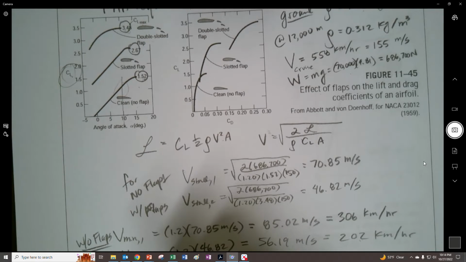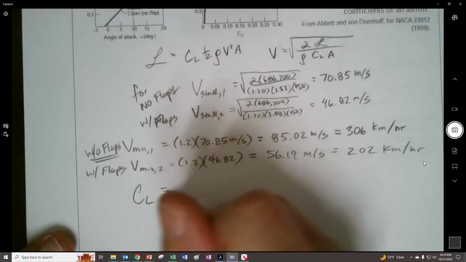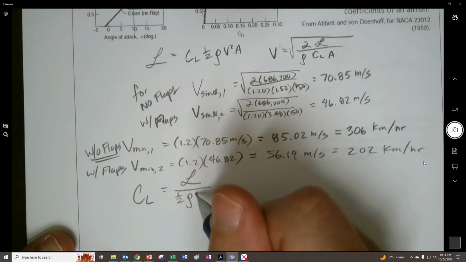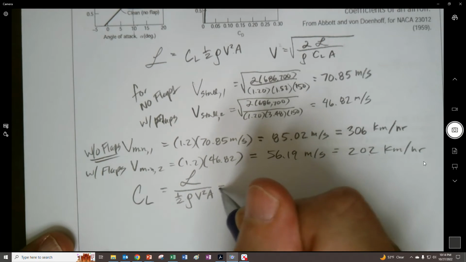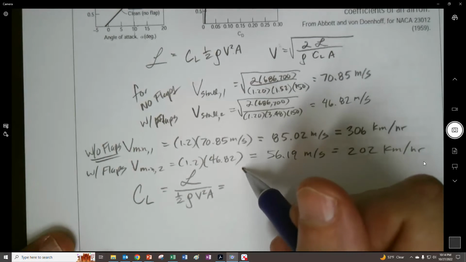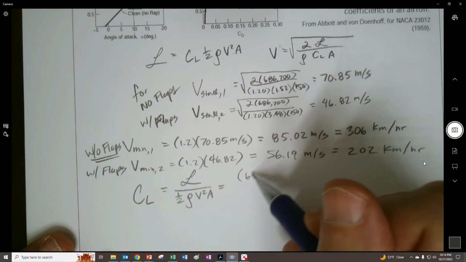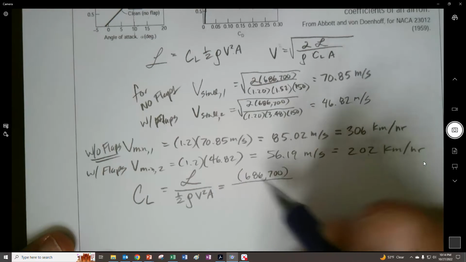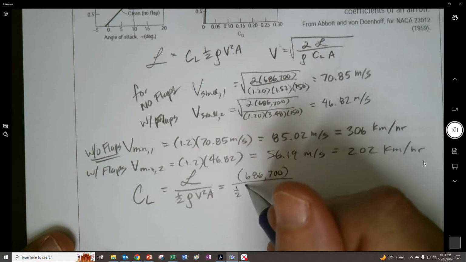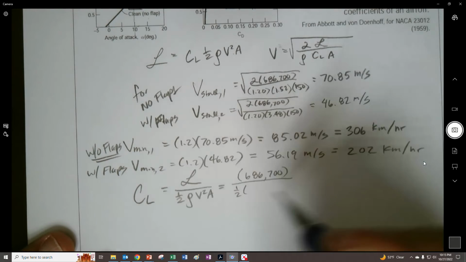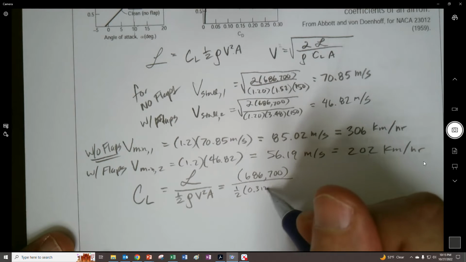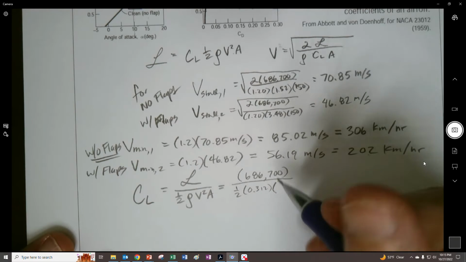So we're going to rewrite the equation for this as lift divided by 1/2 rho v squared A. Again, the lift has to be equal to 686,700, and we are at the cruising speed, so we need to make sure we're using the density, which they gave us as 0.312 at that higher altitude.